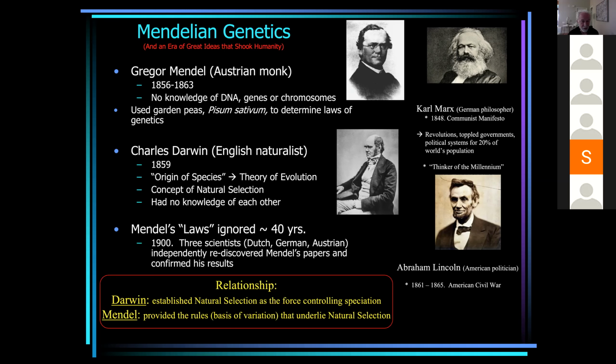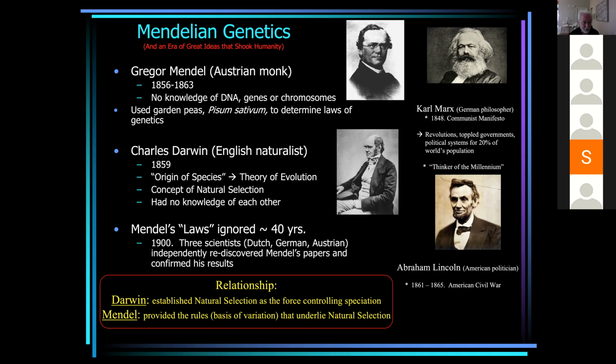Gregor Mendel was an Austrian monk who lived in an abbey, and he published his work between 1856 and 1863. Now, of course, at that time, he had no knowledge of DNA or genes or chromosomes. He used simple garden peas to determine the laws of genetics.